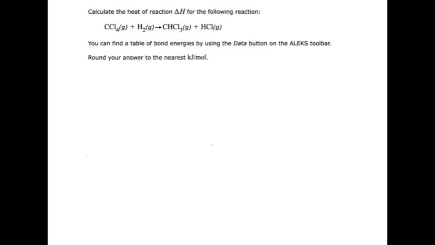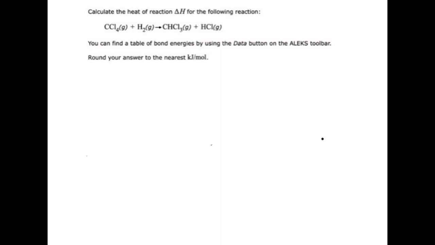Okay, the next problem says calculate the heat of reaction delta H for the following reaction. CCl4 plus H2 makes CHCl3 plus HCl.